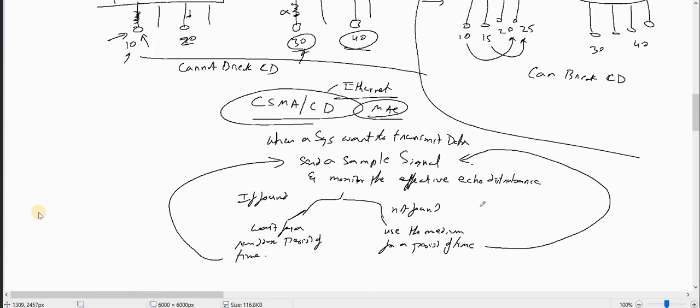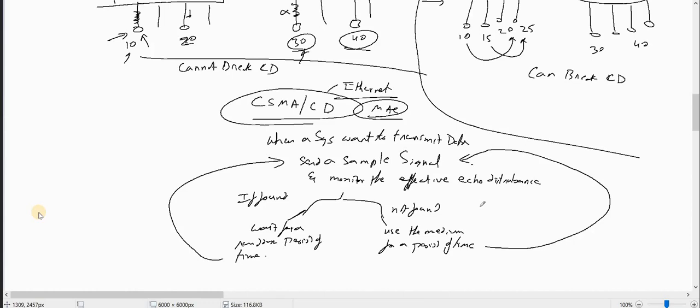During the release and capture, I check whether anybody else is transmitting by sending a sample signal and waiting for the echo disturbance. This is what happens with CSMA/CD.